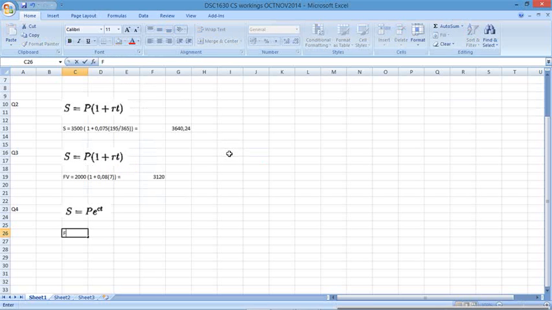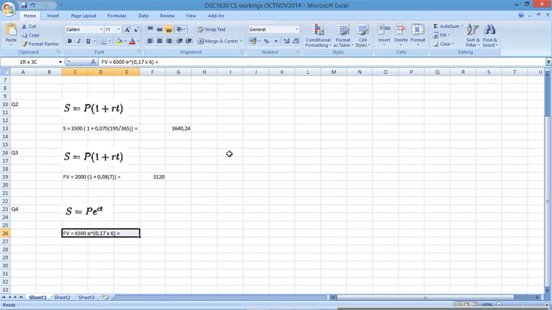So S or FV is going to be the amount that you're investing, the 6,500, to the power, or e to the power, open bracket, 17% compounded continuously, for a total number of 6 years.